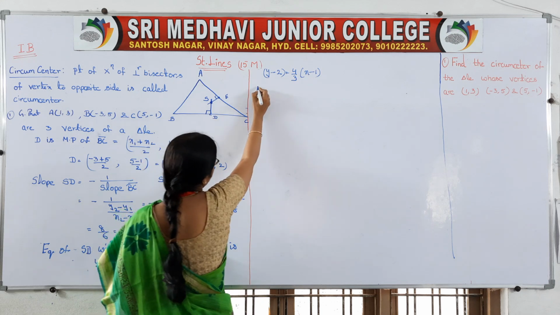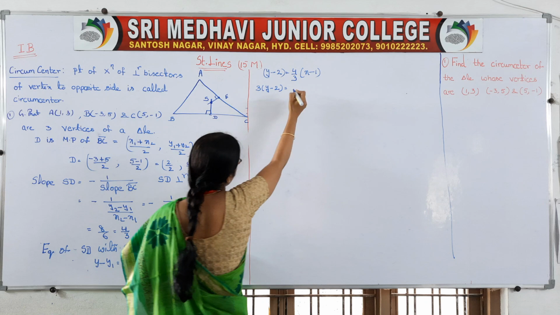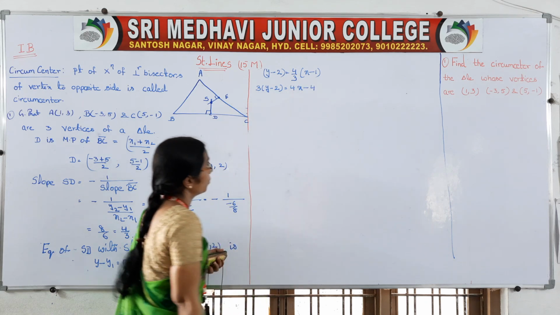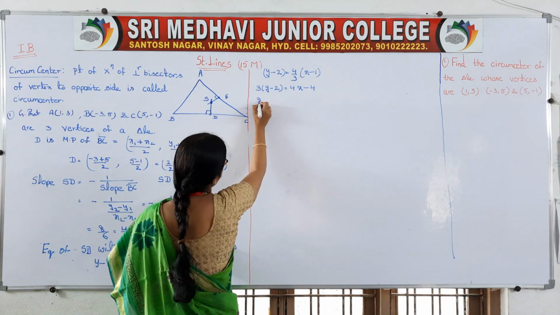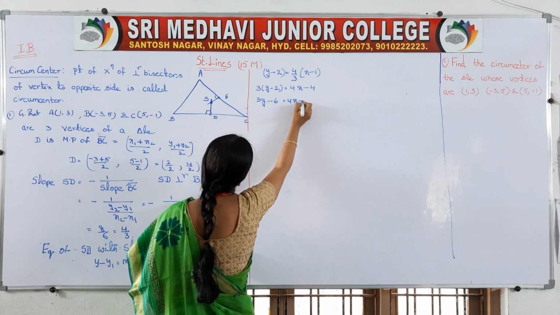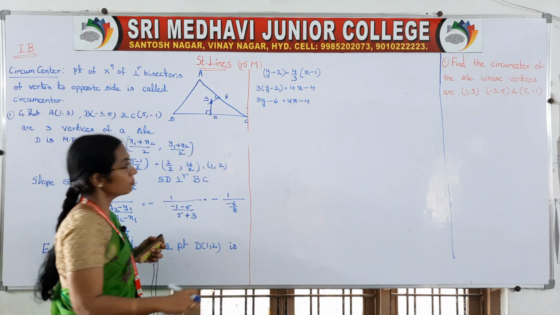Okay, so now cross multiplication. 3 into y minus 2 is equal to, open the brackets, 4x minus 4. So it is 3y minus 6 is equal to 4x minus 4. A line equation means first the x term, then the y term.